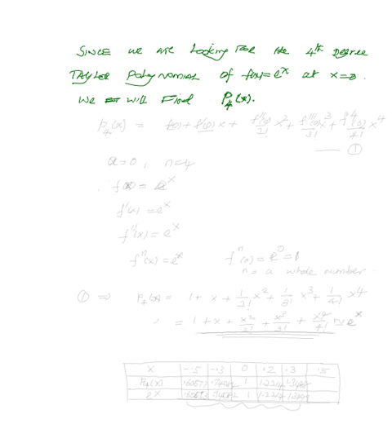Now if we use expression A on the previous page, we should be able to write p4 of x equal to f of 0 plus f prime at 0 times x plus f double prime at 0 divided by factorial 2 times x squared plus f triple prime at 0 divided by factorial 3 plus f fourth derivative divided by factorial 4, and so on.